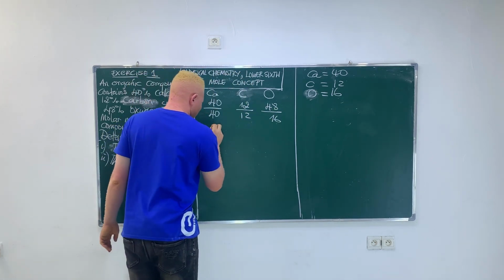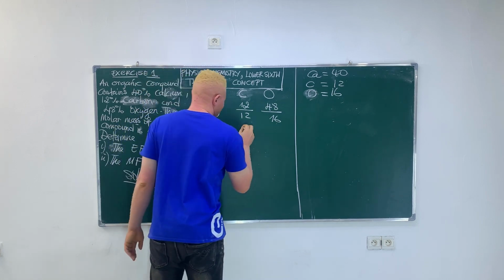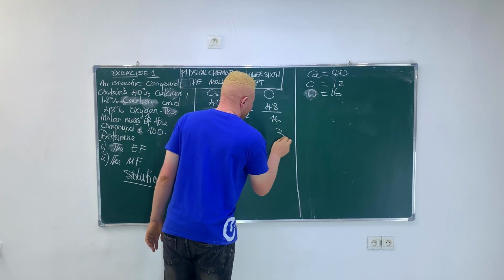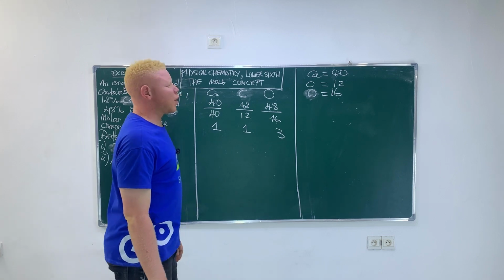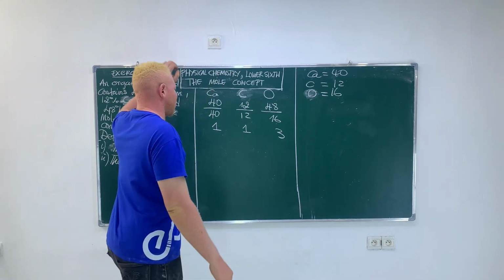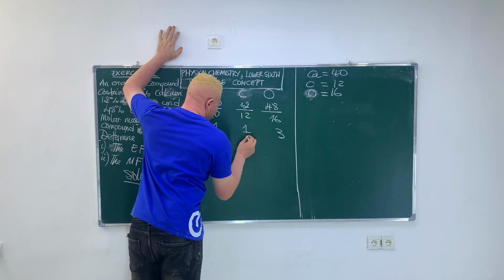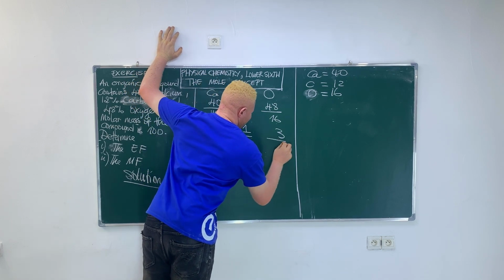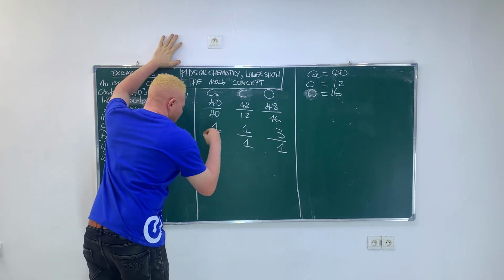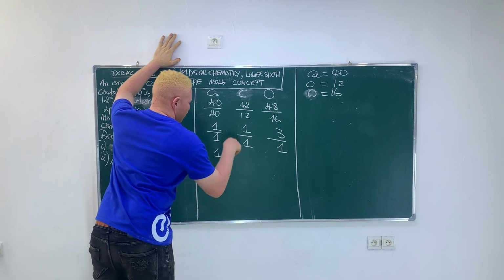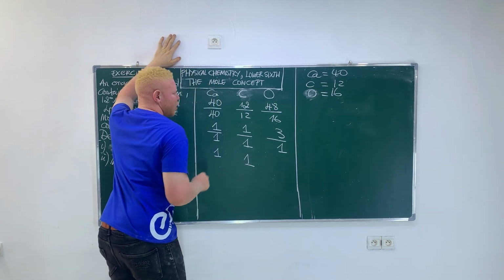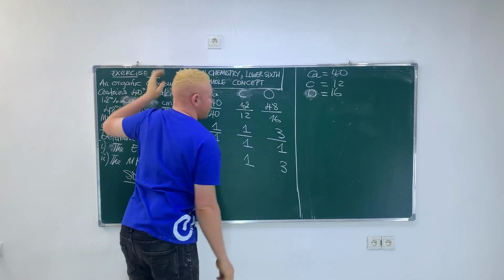By so doing, we are going to have 1, 1, 3. We'll divide by the smallest ratio. Here we divide by 1, divide by 1, divide by 1. So 1 divided by 1 is 1, 1 divided by 1 is 1, 3 divided by 1 is 3.